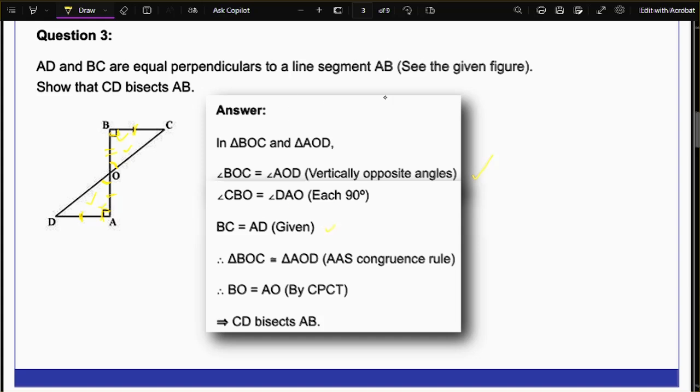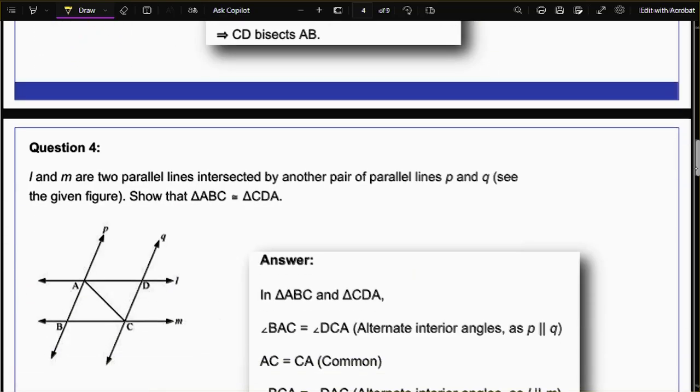So by angle-angle-side congruency, these two triangles are congruent, and the corresponding parts have to be the same. So angle D equals angle C, and OA equals OB. These are the corresponding parts. Okay, so this is question number 3.